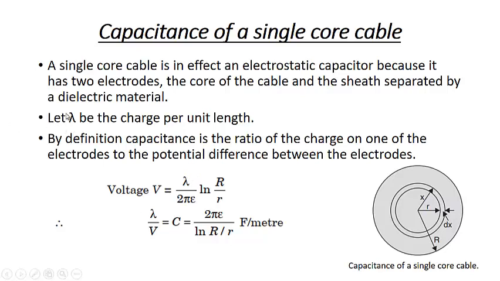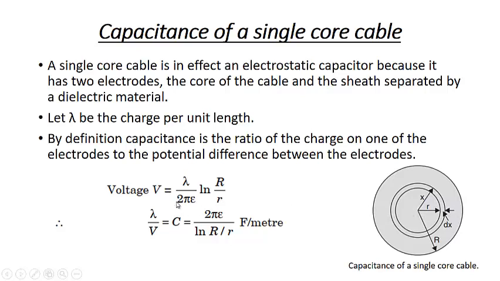Here we have defined it as lambda, which has the same units, charge per unit length. So it comes out to be lambda divided by 2 pi epsilon ln of capital R by r, where capital R is the radius of the sheath from the center of the conductor and small r is the radius of the conductor.